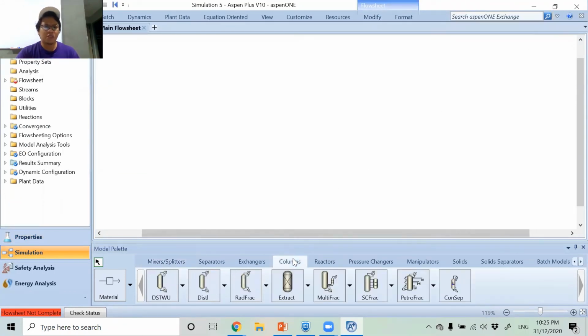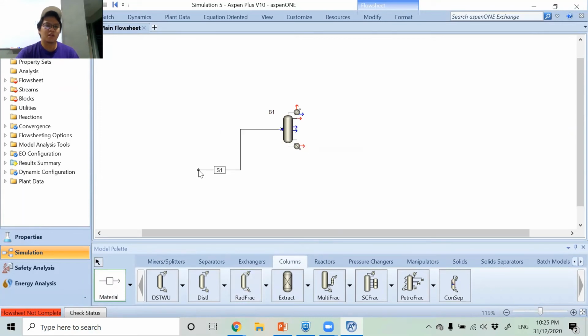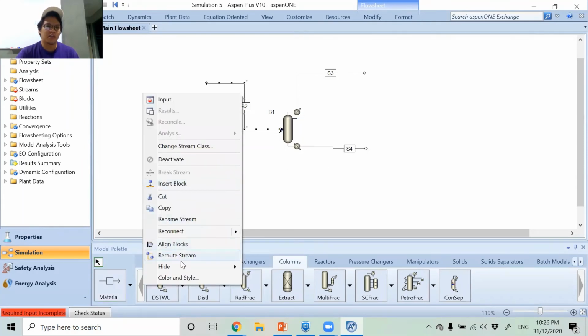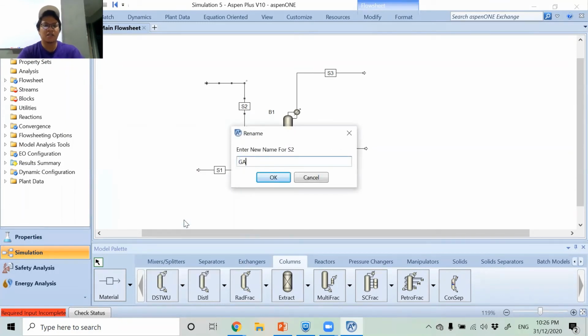First I'm going to choose a RadFrac column, and then I'm going to input my material streams. My materials S1, S2, S3, and S4, and then I'm going to rename them. I'm going to rename this one as gas in 1.